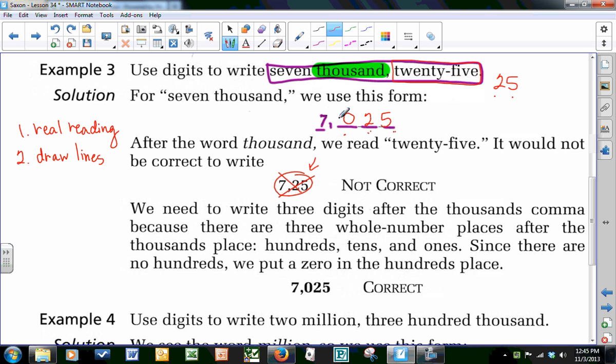You're going to get it right. Okay? So, real reading, draw your lines, and then look for number words. A number word would be like 25 right here, or 7. Okay? Some words are number words. Some words, like thousand, are place value words.